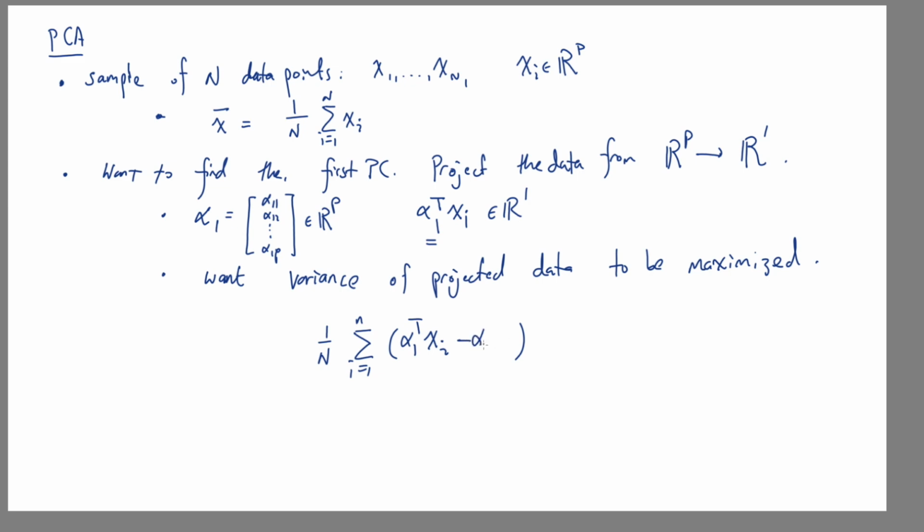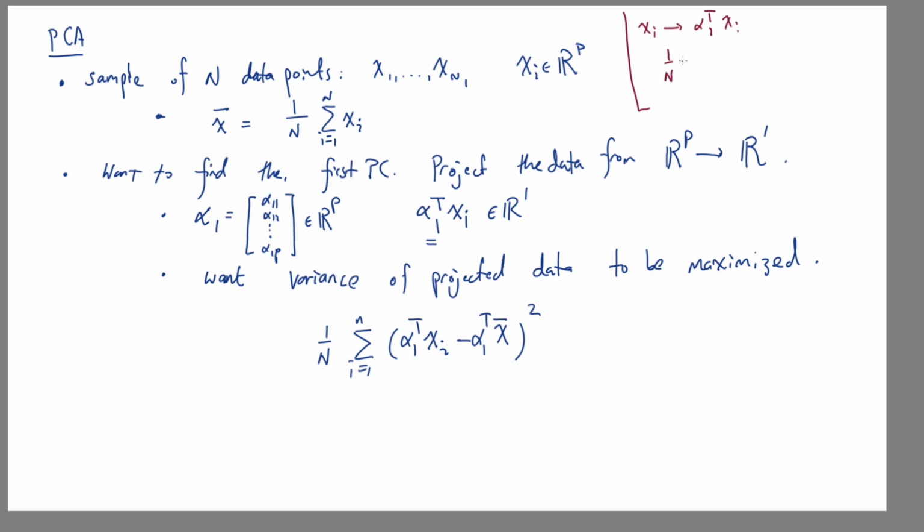I should clarify, this should be the mean projected down to the original point. Okay, and just to make this really clear, if I project each xi down to alpha 1 transpose xi, then what is the mean of the new vectors?